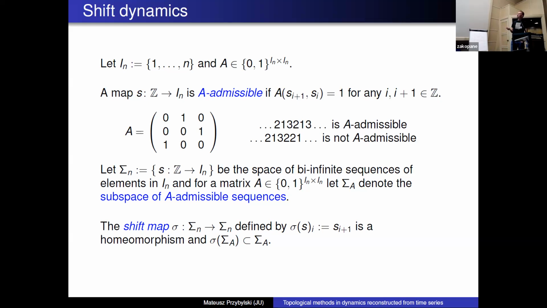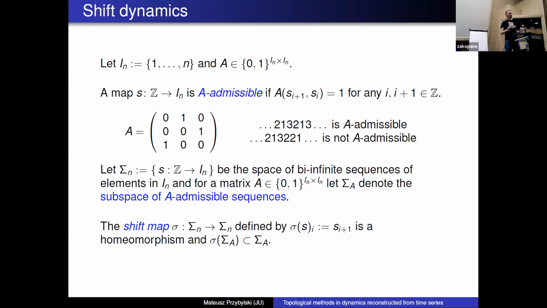On this example, if we have the bi-infinite sequence 2, 1, 3, 2, 1, 3, and so on, that's okay, it's A-admissible. But the second one is not A-admissible because there is a double 2 here, and this is not allowed because we do not have a 1 in the second row and second column of this matrix.